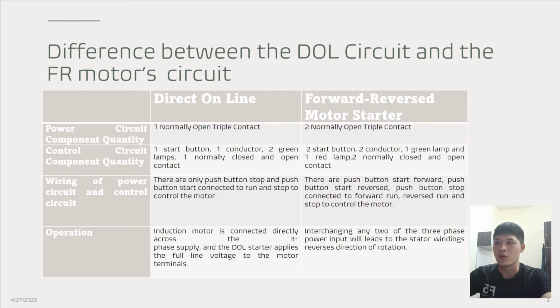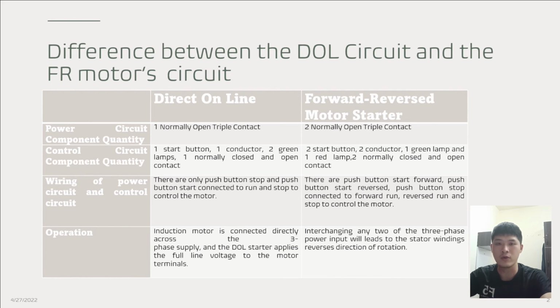For the DOL, in the control circuit, there are one start button, one contactor, two green lamps, and one normally closed and open contact. While for the FR motor starter, there are two start buttons, two contactors, one green lamp, one red lamp, and two normally closed and open contacts.